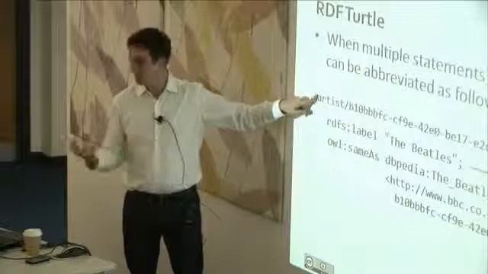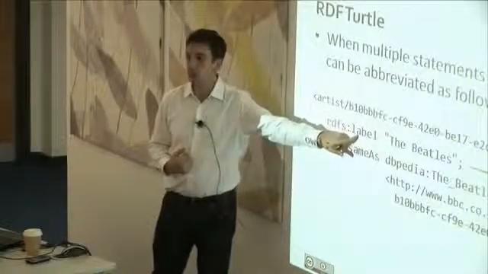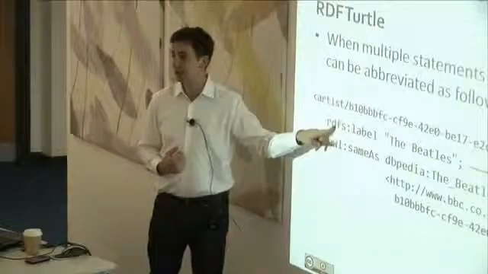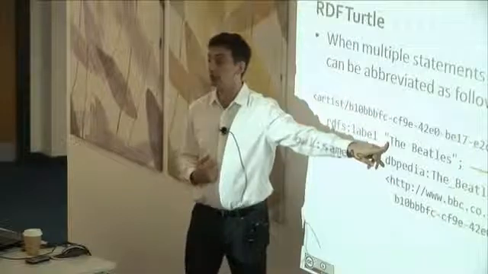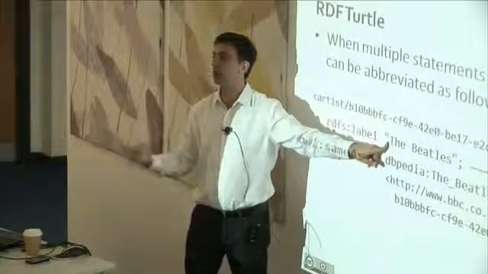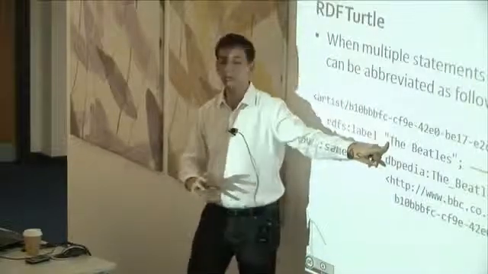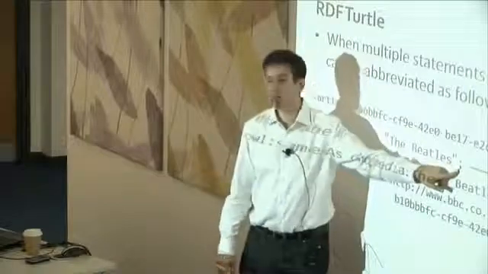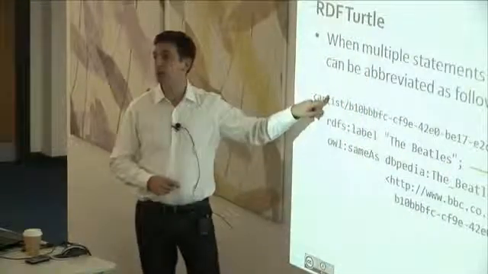Okay? So we have one triple, which is the MusicBrainz URI has this property called label from RDFS to give it a name, where the object is this literal, this string. But instead of putting a full stop, as we had to in N-Triples, to say we finished that triple, we'll start another triple, we use a semicolon to say we're still talking about the same subject.